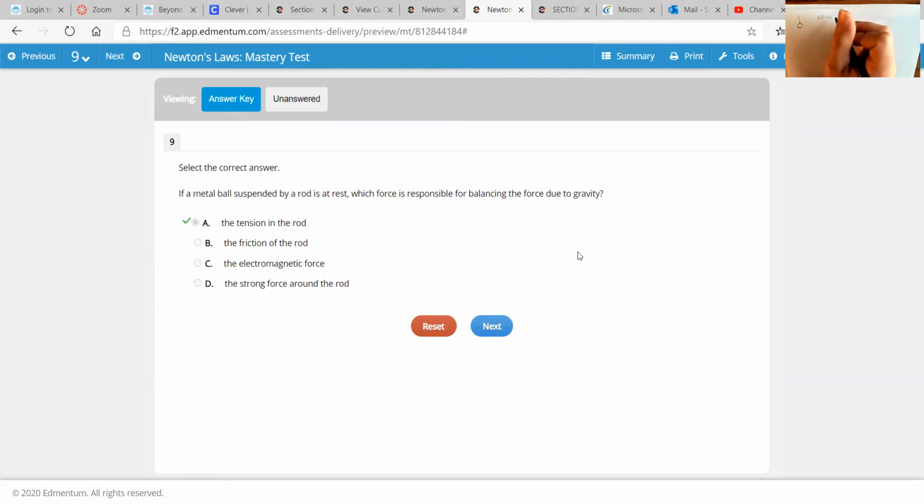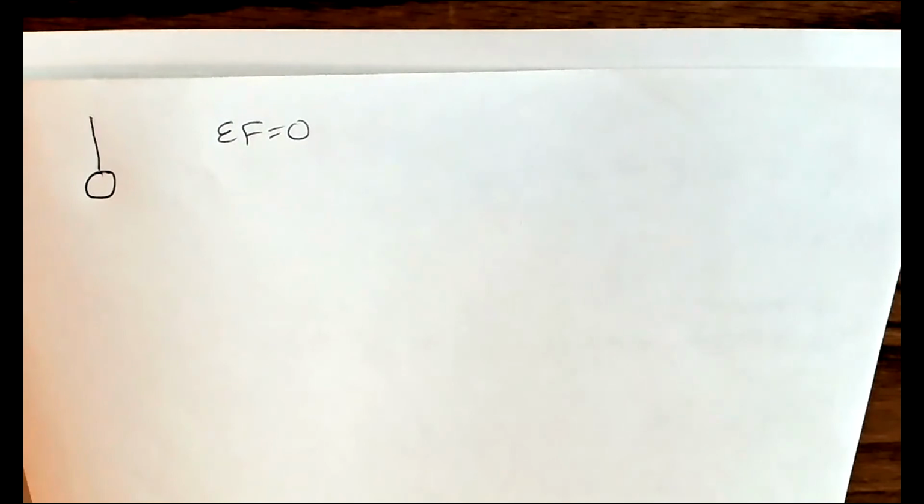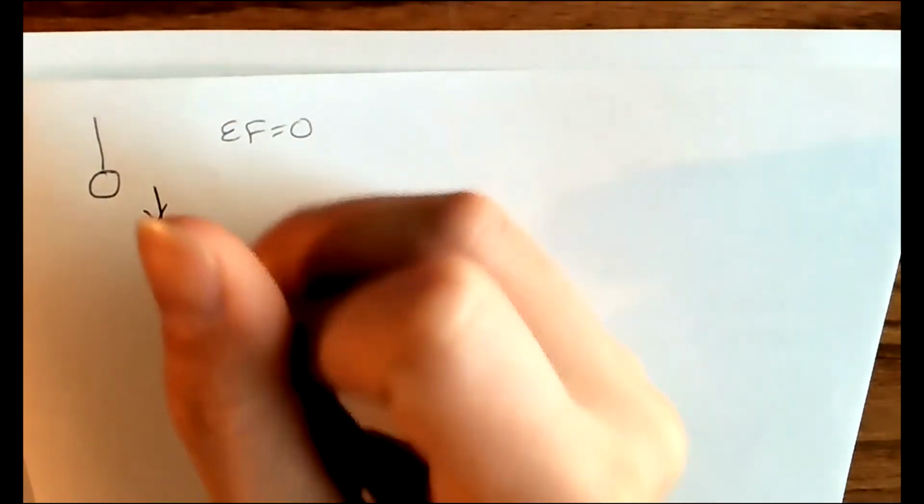The sum of the forces equals 0. So we know there's the force of gravity.